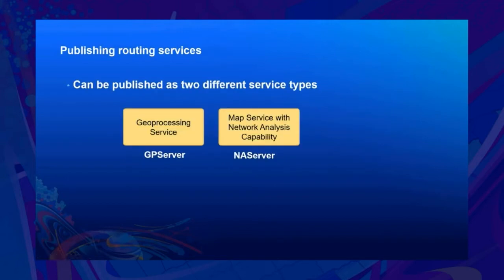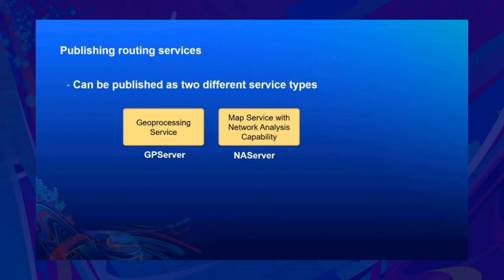ArcGIS Enterprise allows you to publish GIS resources as many different service types, such as a map service or a geocoding service. Now, you can publish routing services as either a geoprocessing service or as a map service with network analysis capability.